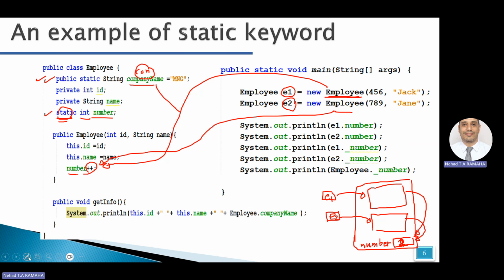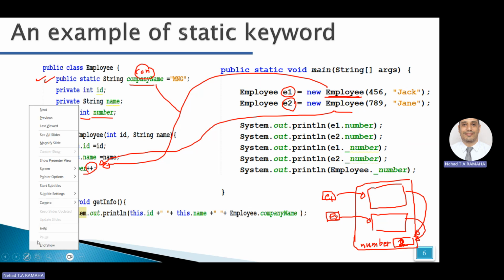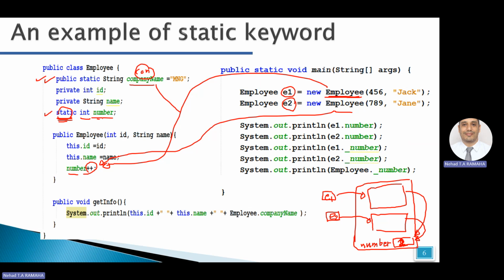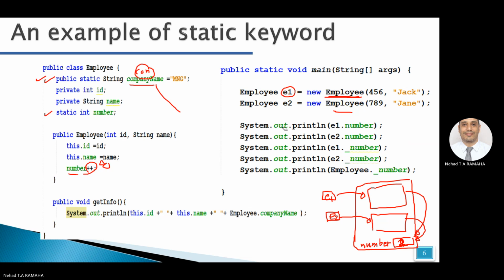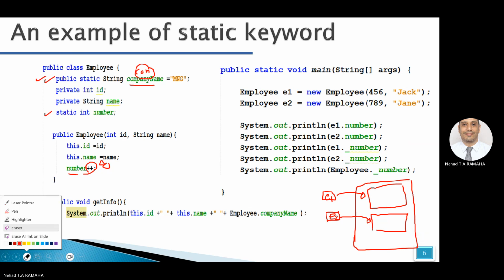Okay, so because it's a shared value, that's why we use static here. Because we need the number to be a shared value between all of the objects. What's the difference if number is not static? If this one is non-static, just integer number?